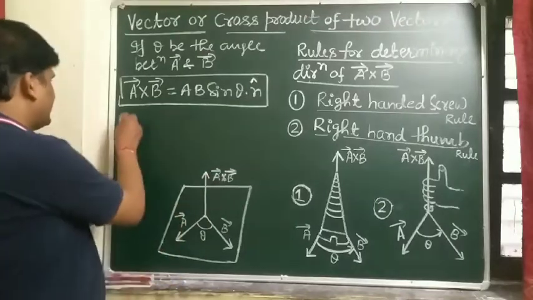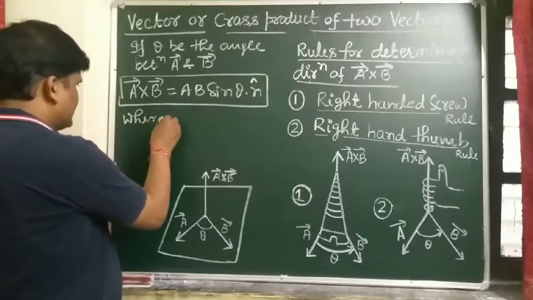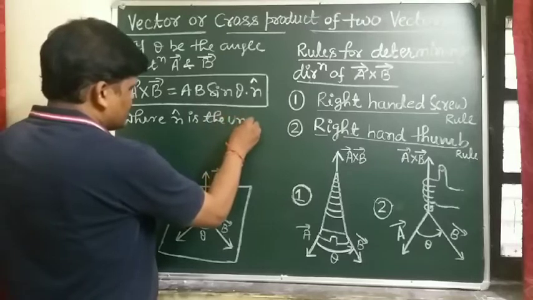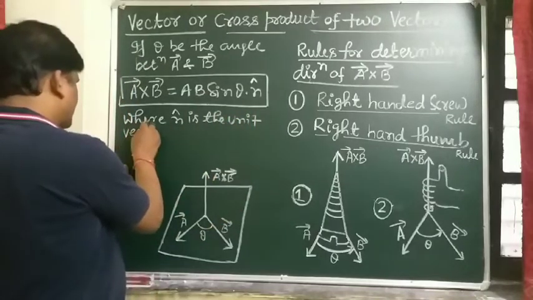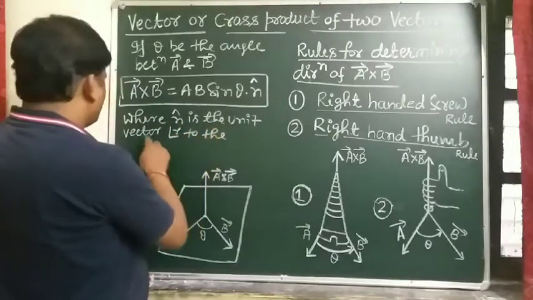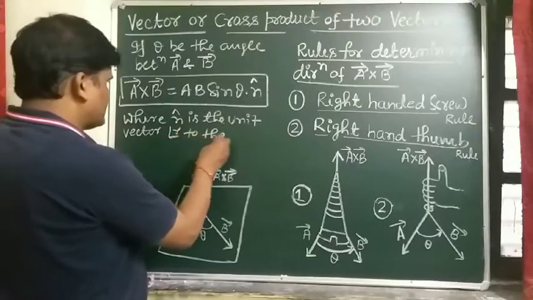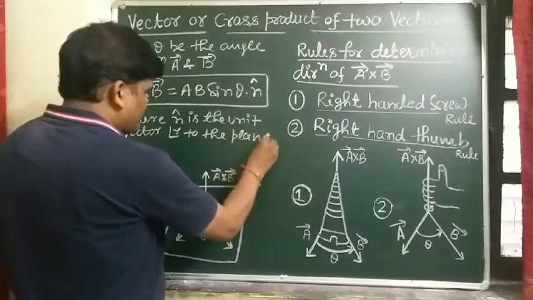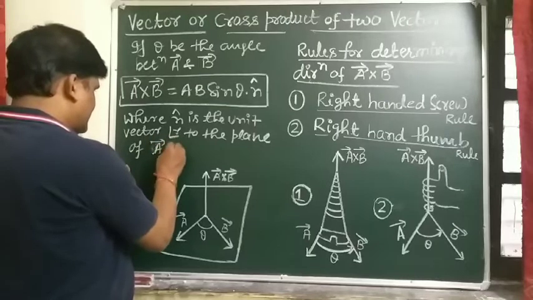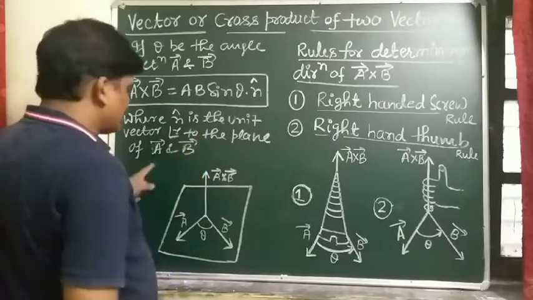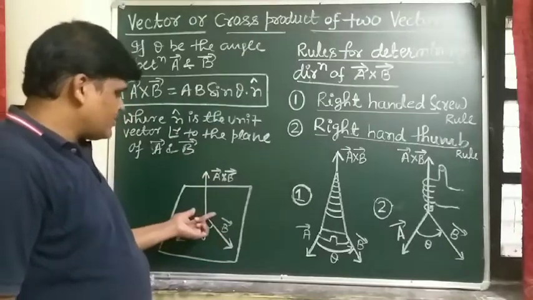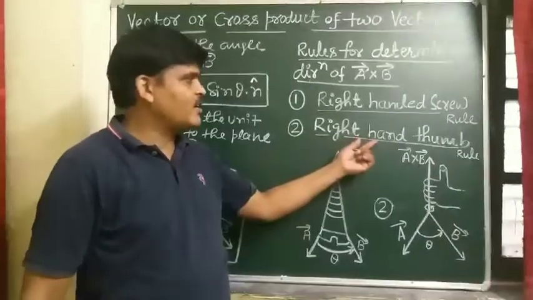Here n is the unit vector perpendicular to the plane of vector A and vector B, and the direction of vector A cross vector B is found with the right hand rule.